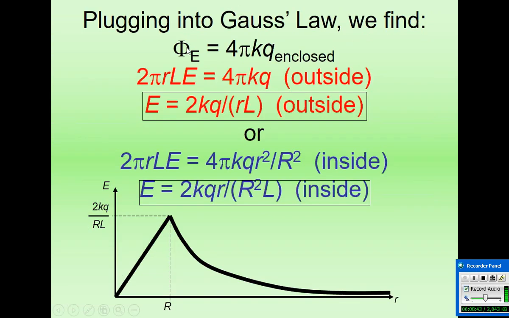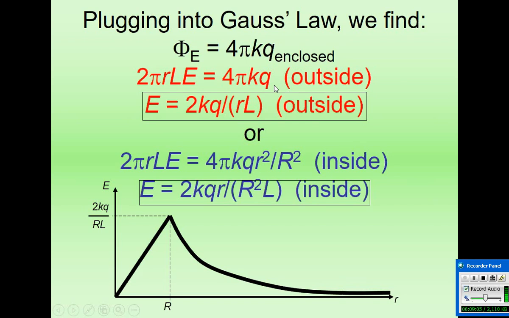Another way of writing Gauss's law, instead of saying Q enclosed over epsilon naught, we could say that the electric flux is equal to 4 pi K times Q enclosed. In either case, whether we're talking about outside the cylinder or inside the cylinder, the expression for the electric flux is 2 pi times little r times L times E.